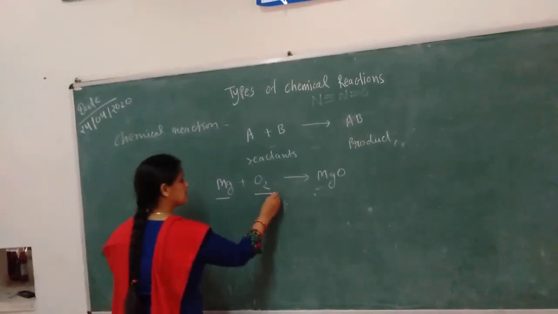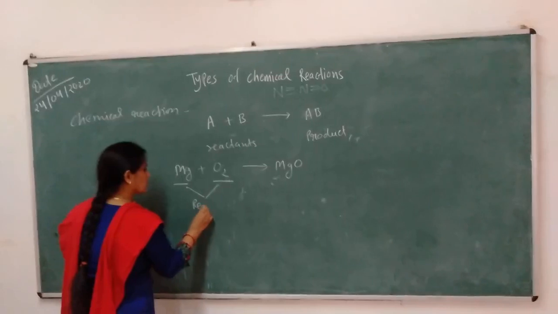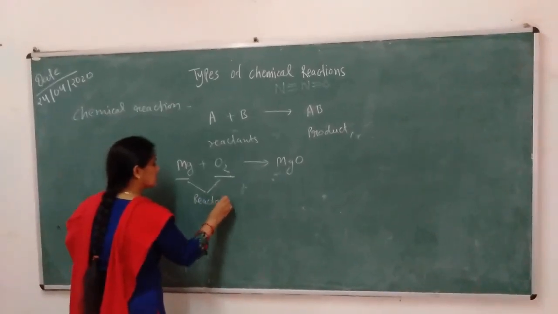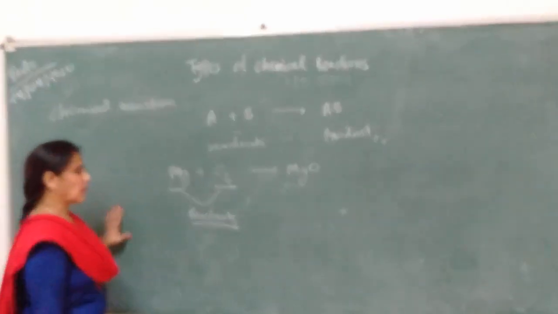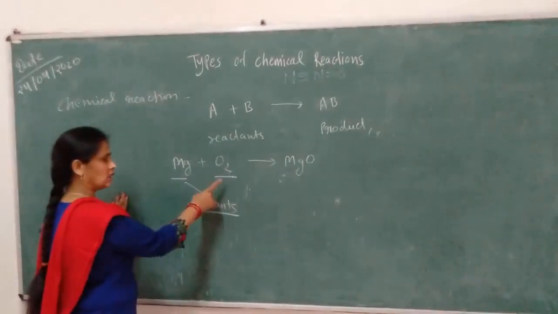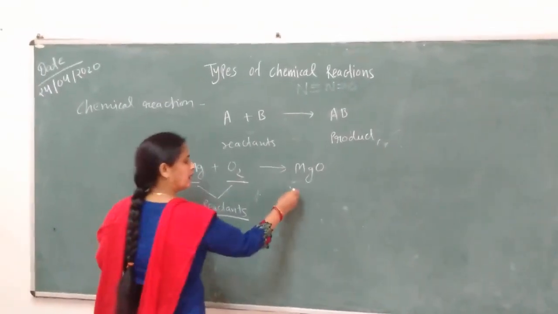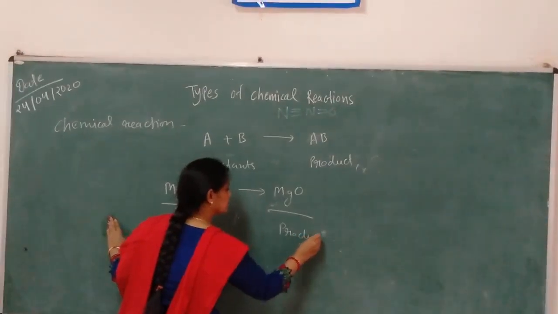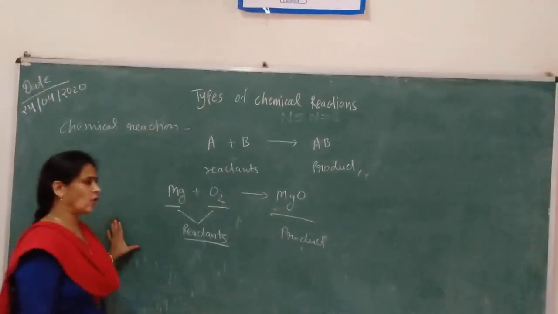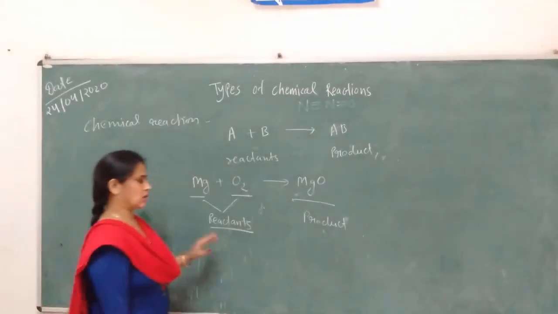These two substances are known as reactants. What are reactants? Those substances which participate in a chemical reaction are known as reactants, and the newly formed substance is known as product. Means the substance which is formed during any process is known as product.